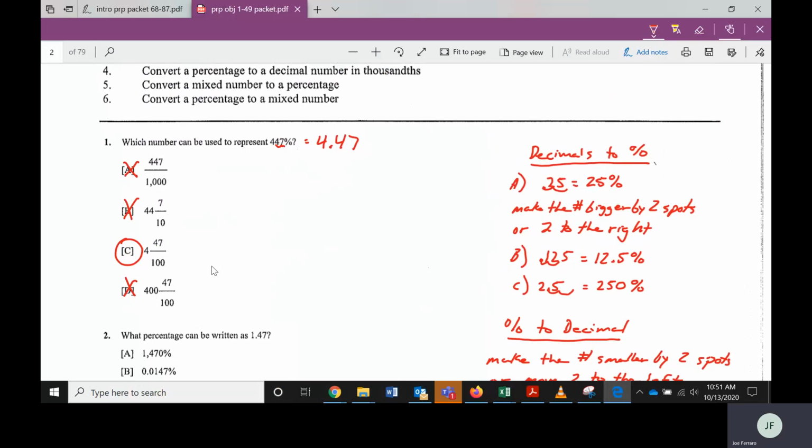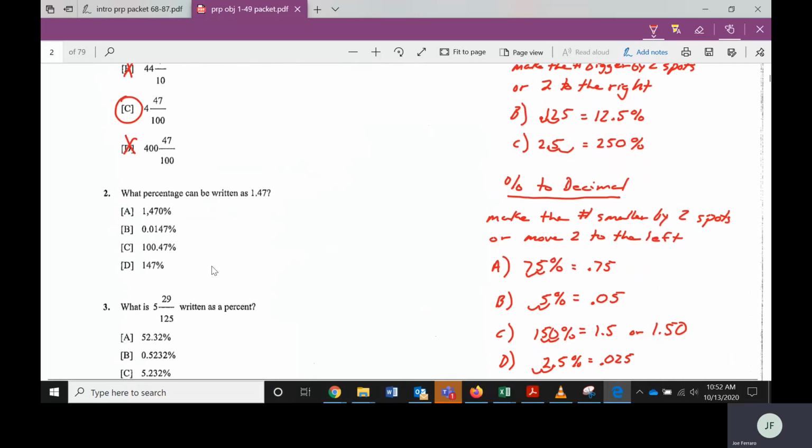Next type of problem. We look at number 2 here. What percentage can be written as 1.47? All we do, it's the same as over here.